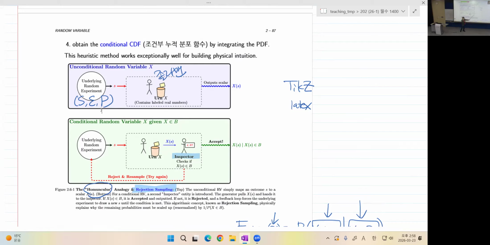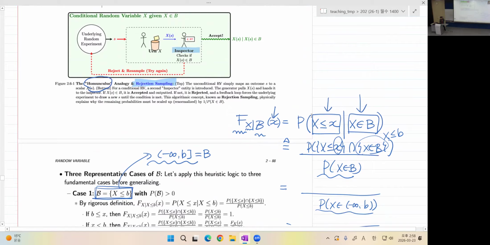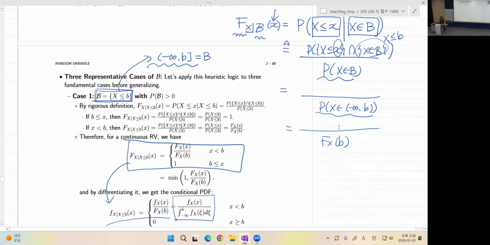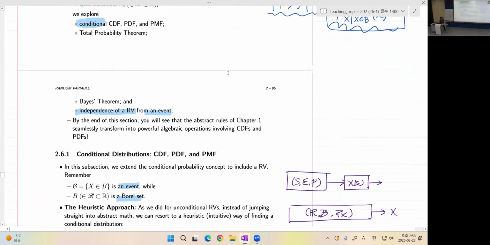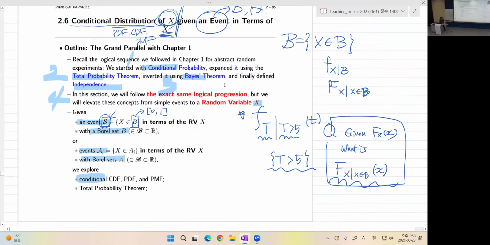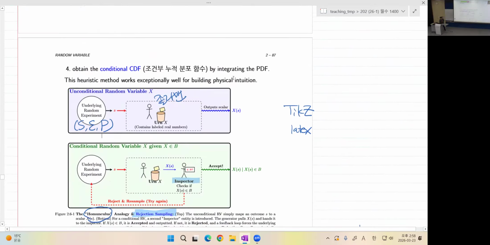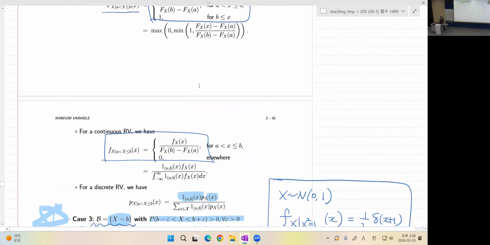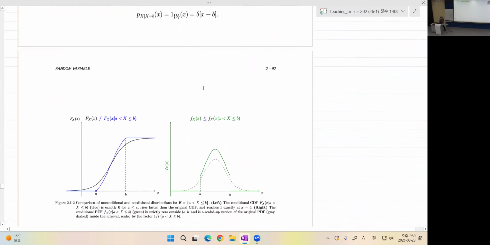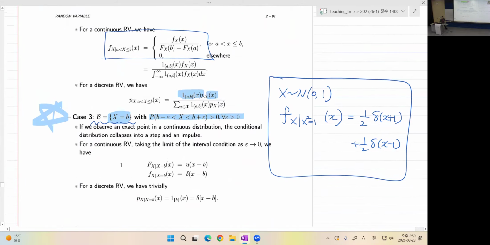Now, the output would be near 1 or negative 1. That's why I claimed this. Gaussian distribution given X squared equals 1 is just 2 delta functions. Same thing. Got it? So never forget that figure because that's very important.